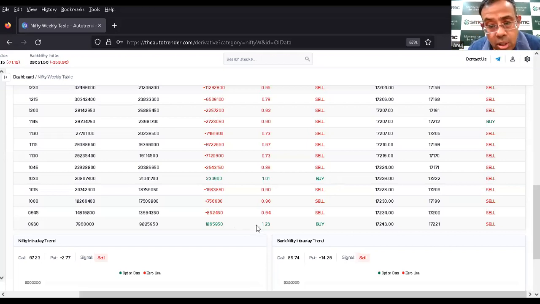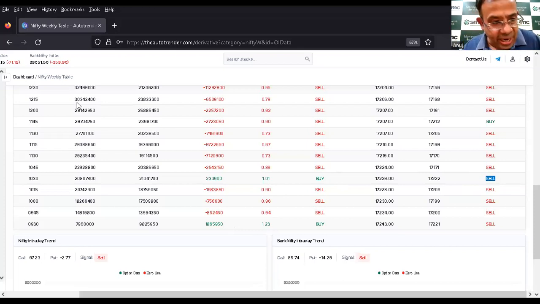Why? Because the initial data was 1.23. It went down to 0.9. And for some reason, it went back to 1.1. Whereas my future data is suggesting a complete sell. So I don't want to take a bullish position and trap myself, right?